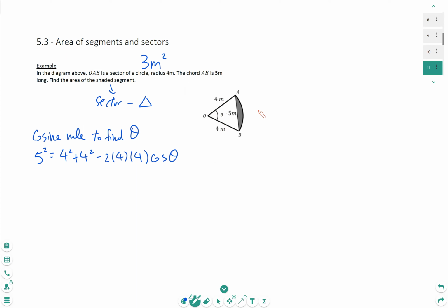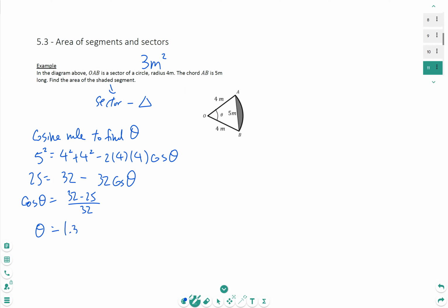So I do 5 squared, 25, equals 4 squared plus 4 squared, 32, minus 2 times 4 times 4, 32, cos theta. Rearranging to make cos theta the subject, cos theta equals 32 minus 25 over 32. So inverse cos, making sure you're calculating in radians, of 32 minus 25 over 32, which is 1.35 radians.